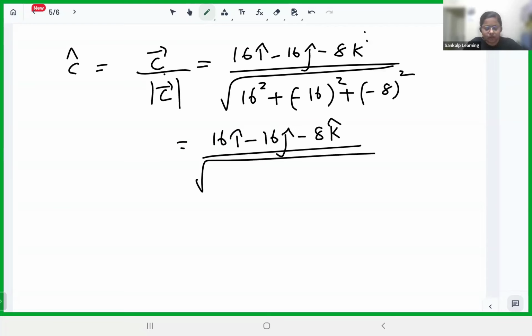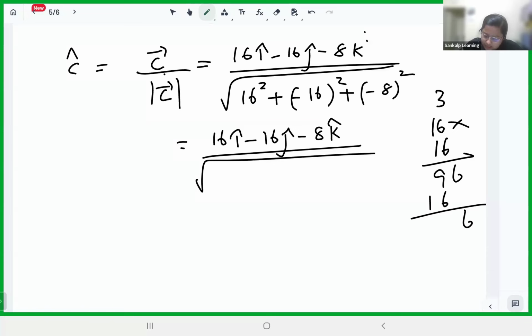Now you have to multiply 16 with 16. 16 into 16 is 256, right?